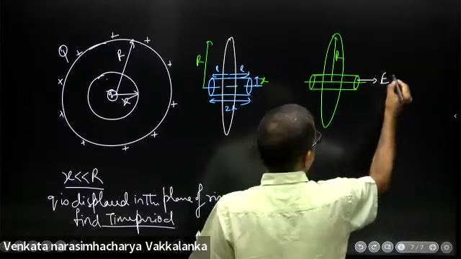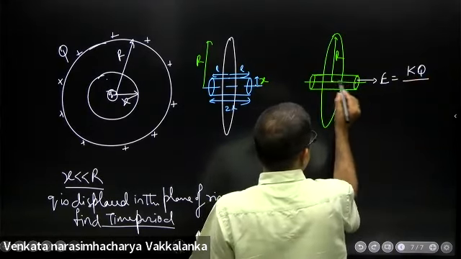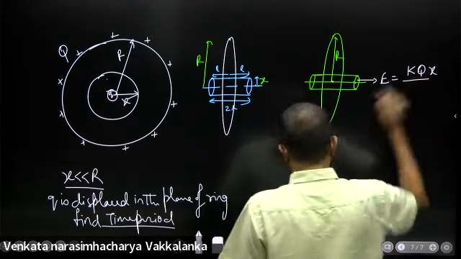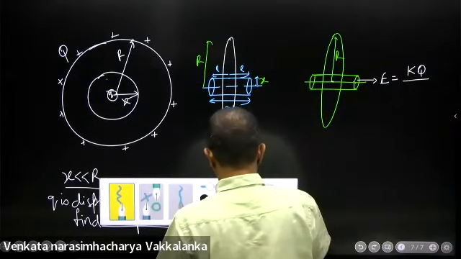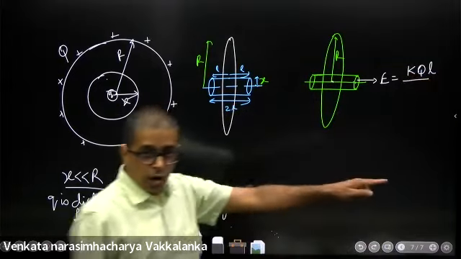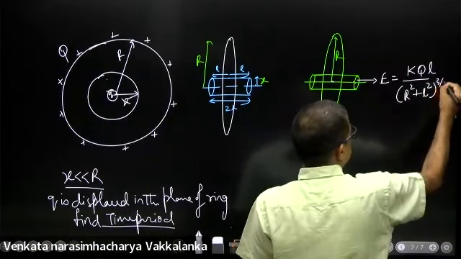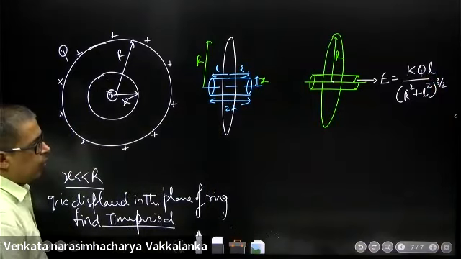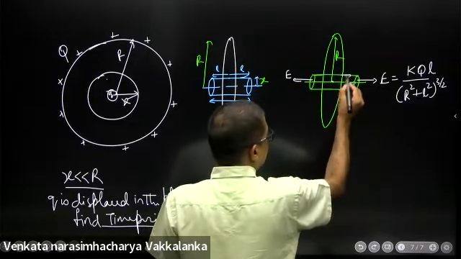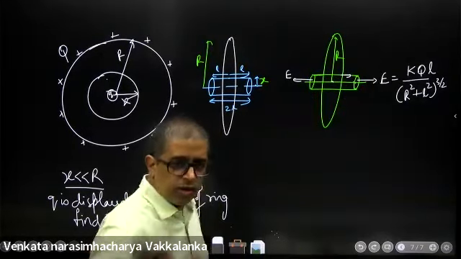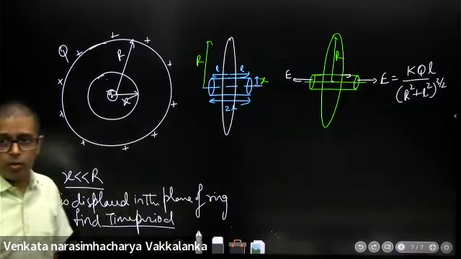Here I will take the field as KQX upon R square plus L square to the power 3/2, along the axis. Here what is X? X is L. Similarly, you will have the same field here, but on the curved surface I am not worried about the field because E dot dS on the curved surface will become 0.